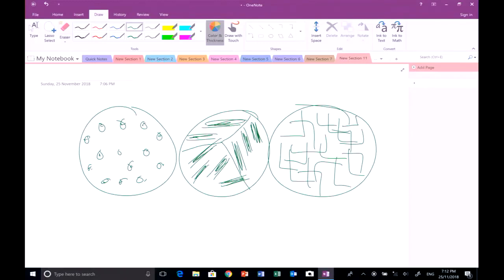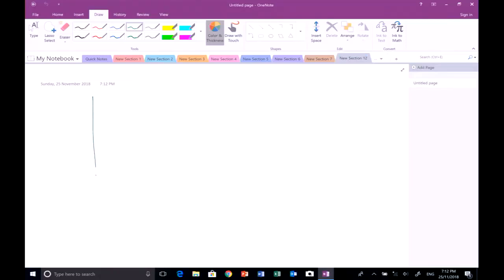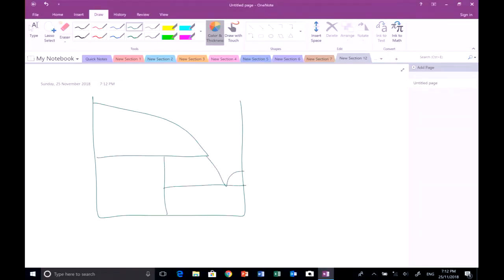Okay? So, we have that as a simple case. What if we have this? What kind of microstructure might we get if we go down through there?